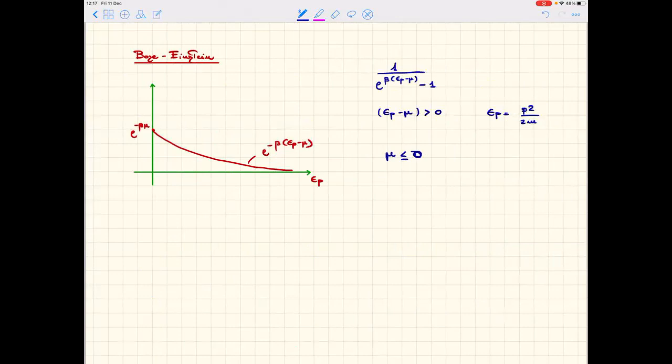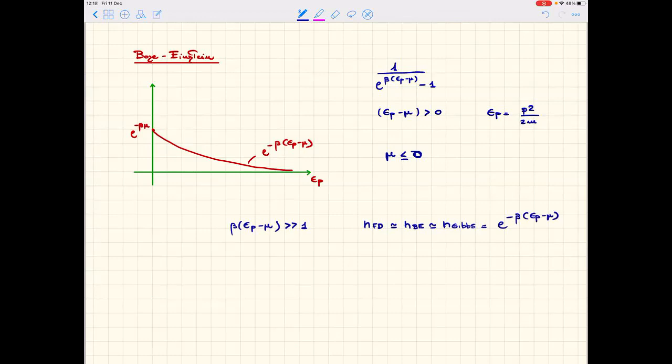When beta times (epsilon_p minus mu) is much larger than 1, then n Fermi-Dirac is roughly n Bose-Einstein, which is roughly n Gibbs, and this is equal to e to the minus beta (epsilon_p minus mu).